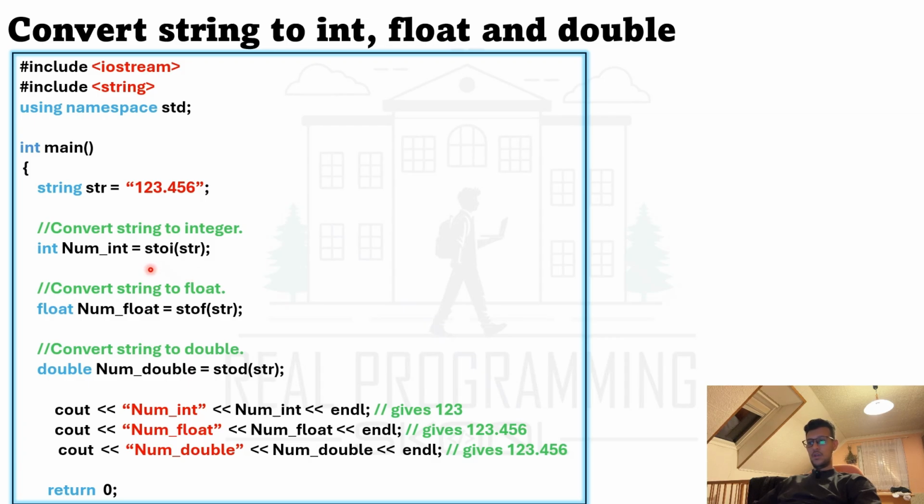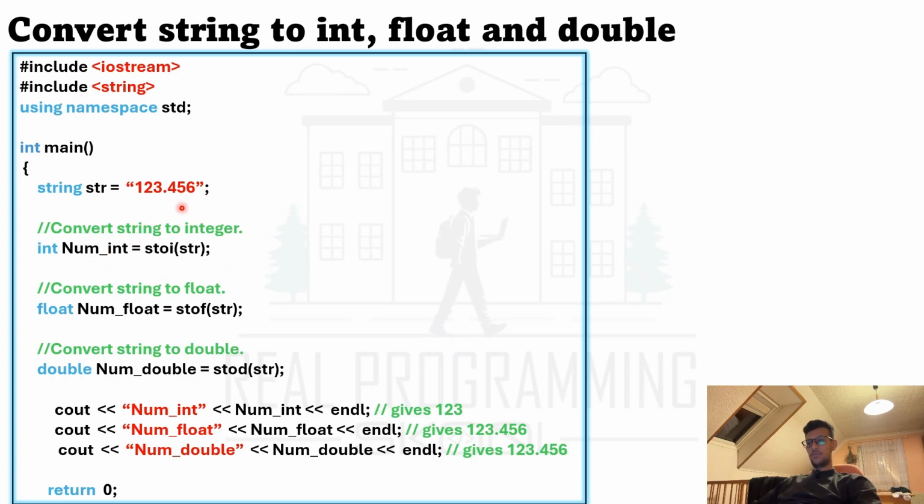So from string to integer, and between two brackets, open two brackets, put the variable name of the string data type. The compiler will take the string str and convert it to integer, because we used the keyword stoi before it, and it will store 1, 2, 3 inside num_integer.